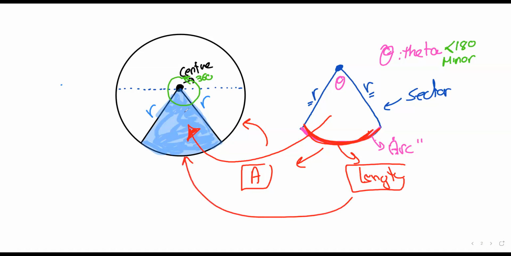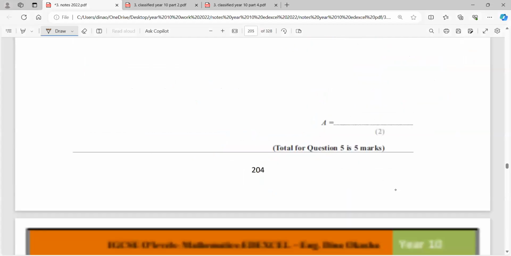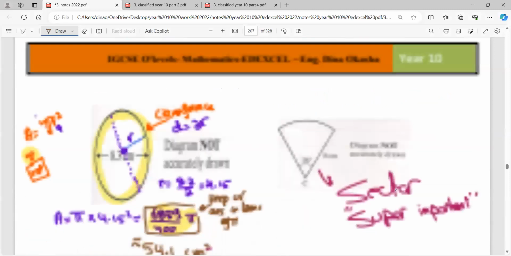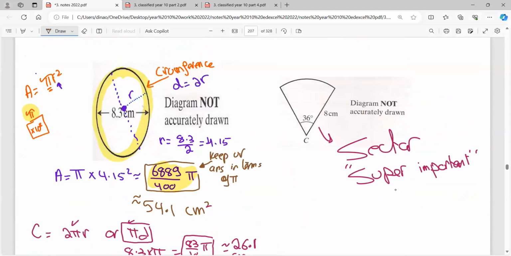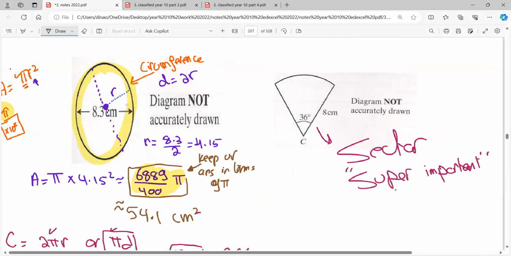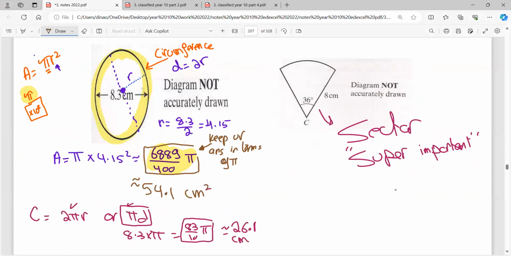Why? Because the sector is a part of the circle. So let's see how I apply this to solve questions related to sector: the area, the arc and the perimeter.